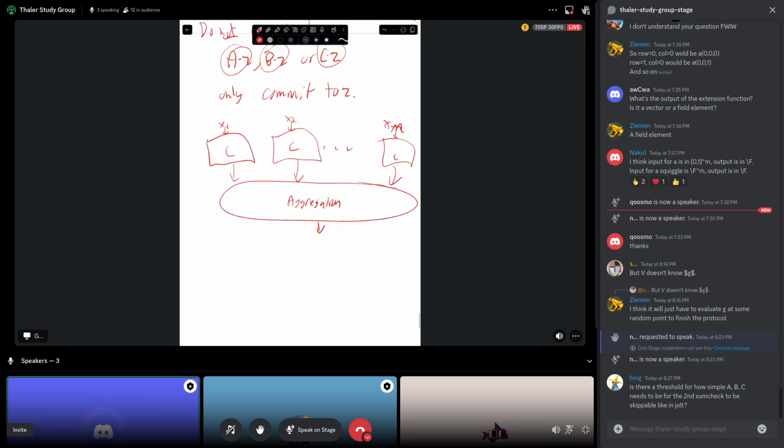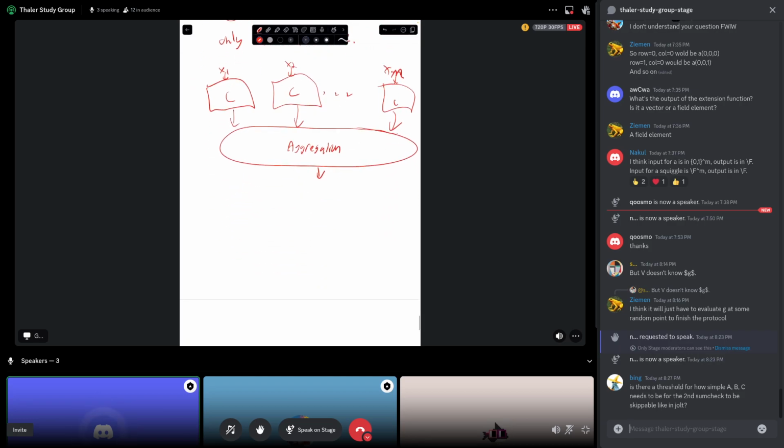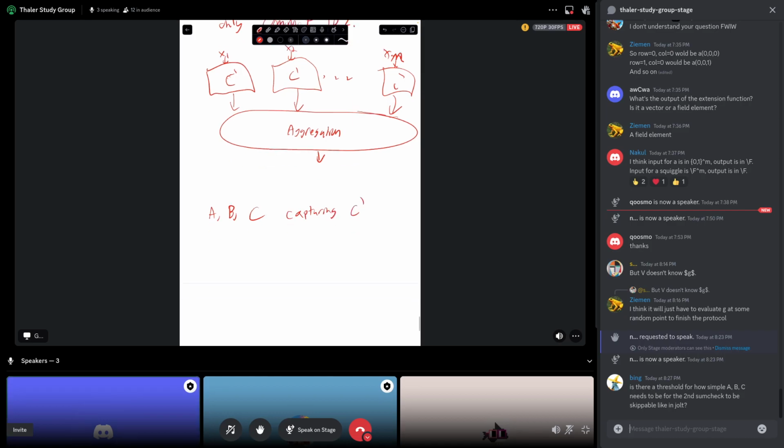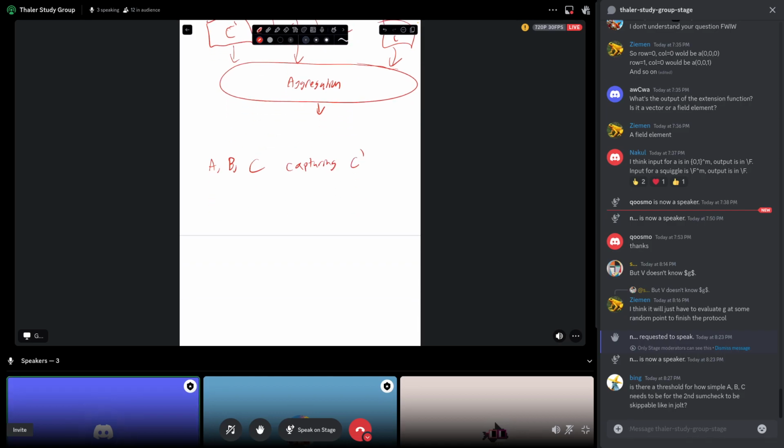You'll wind up with something like block diagonal, where you'll have constraint matrices A, B, and C capturing your small circuit, let me call it C prime. And they'll be completely zero elsewhere.